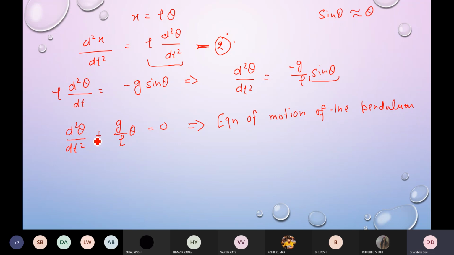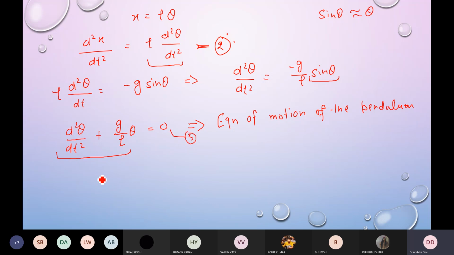Now we can find out the parameters like displacement, angular frequency and time period by using this equation. How to do that? Let us say this is your final equation number 3.